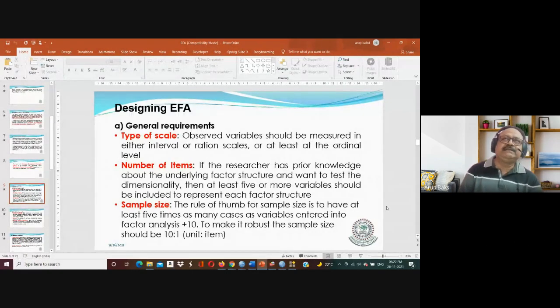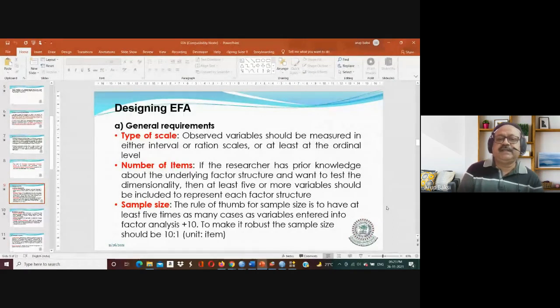In most cases, when you are going for a new scale development, your prior knowledge of factor structure will almost be absent, unless it is very well supported by the extant literature, whereby you can get some understanding about the approximate factors, or likely dimensions, of this scale under construction.